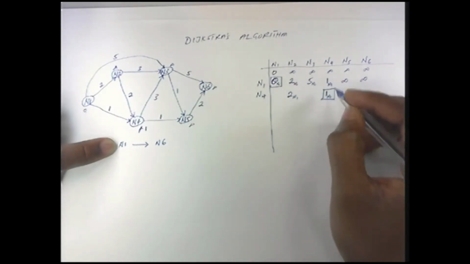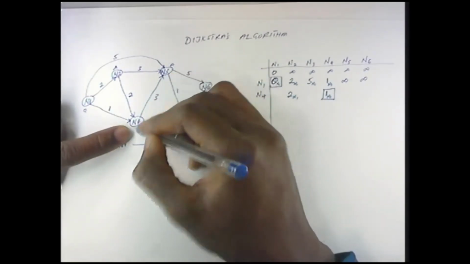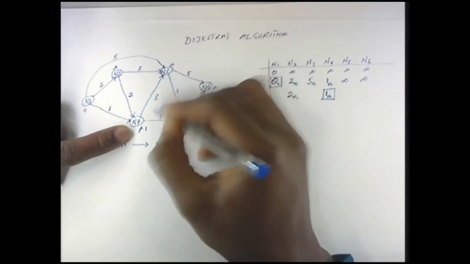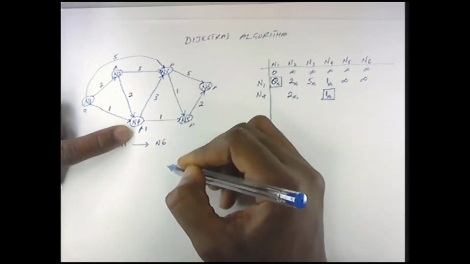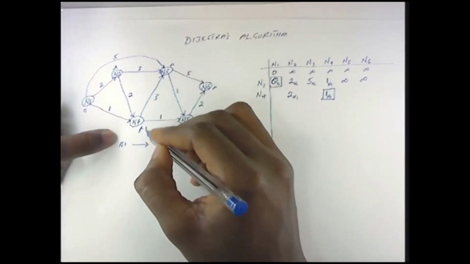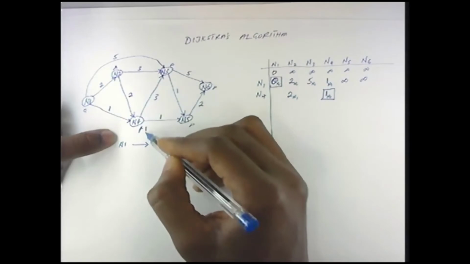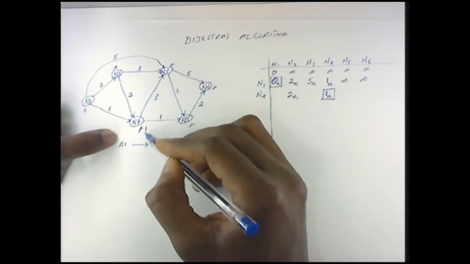What about N4 to N3? N4 to N3, yes, there is a direct link to N3 at a cost of 3. So we'll add this 3 to 1, the cost of the link to 1. And that is 4.